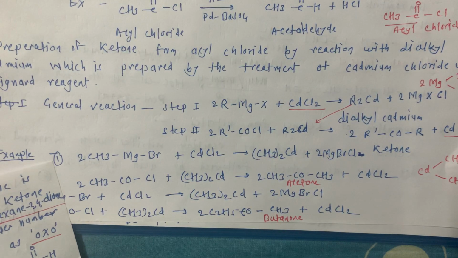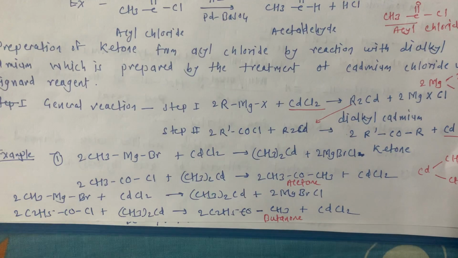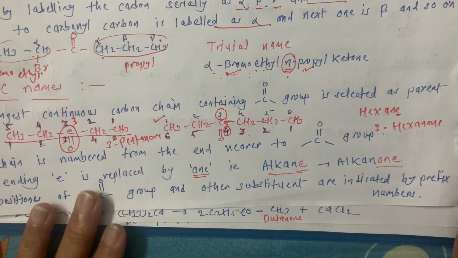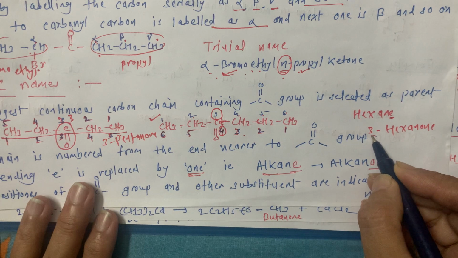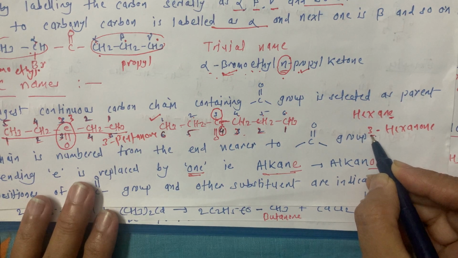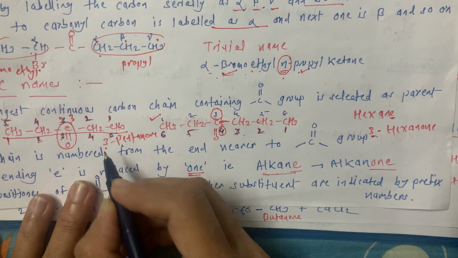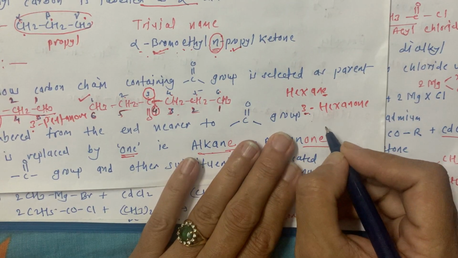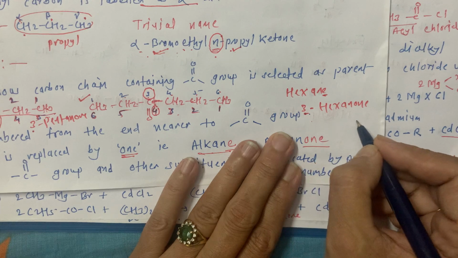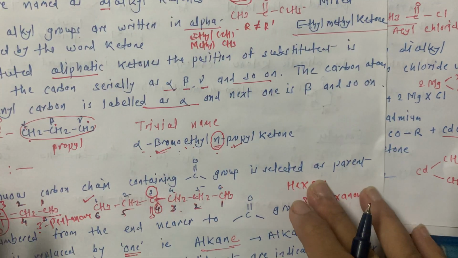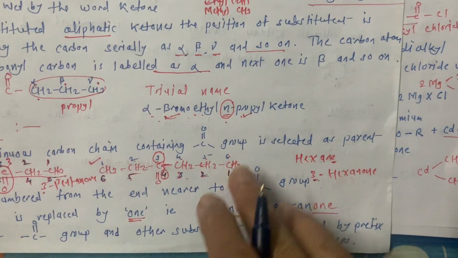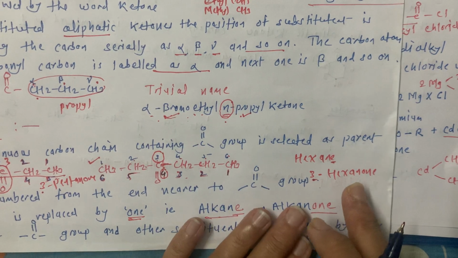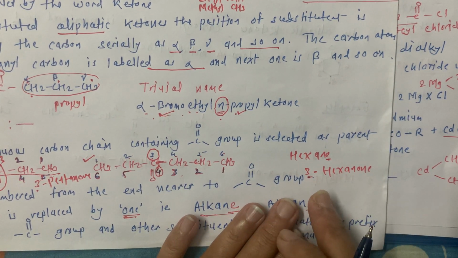Next, we can mention it here like this. But the accurate way is, just like ENE, in aldehyde I had shown you that you have to write the number in front of ENE.